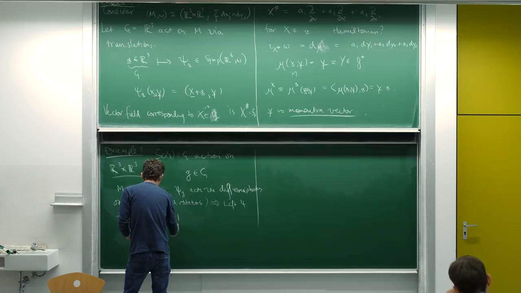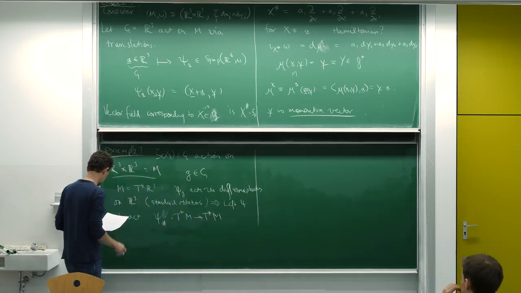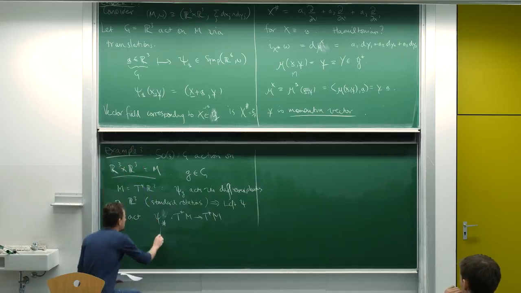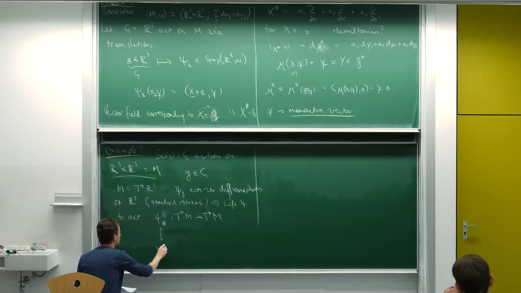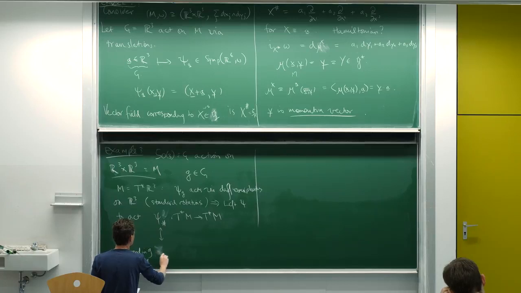Put the hash downstairs. And the vector field corresponding to this, call it capital psi.